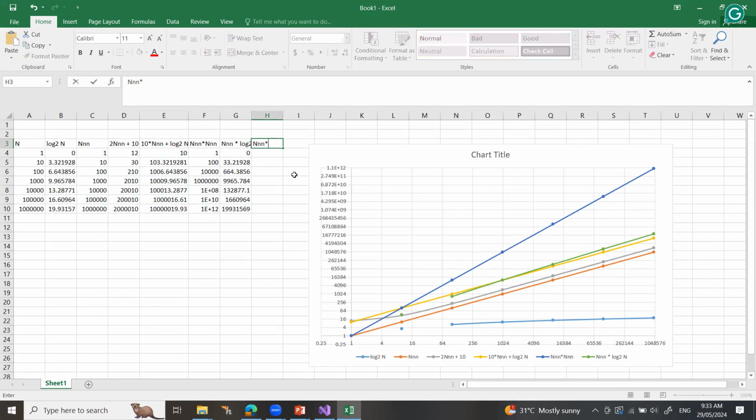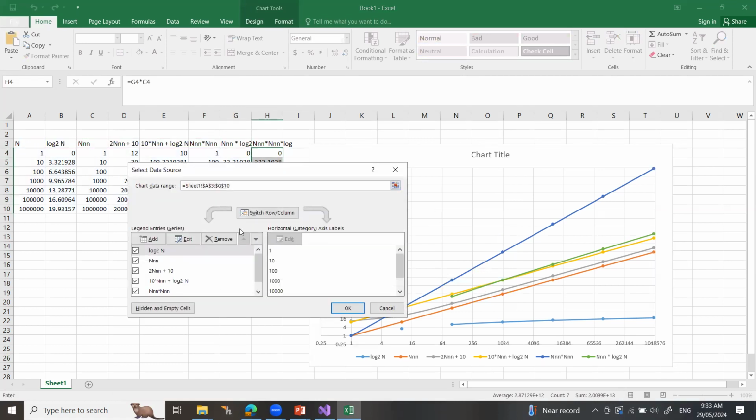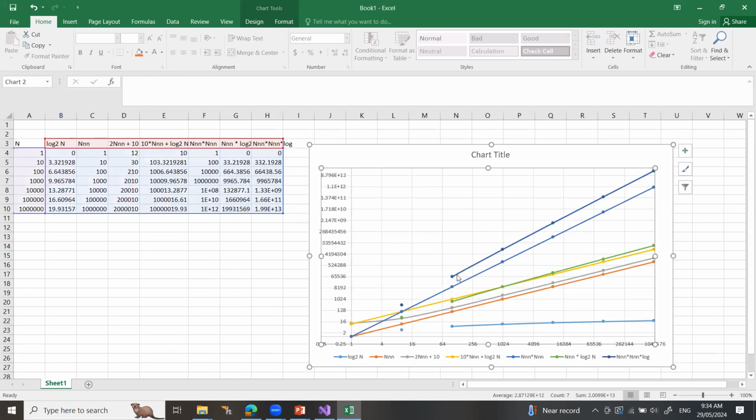If I said n times log of n, obviously, with this times n. Okay, here you can see this one is actually a little bit worse than this n squared.